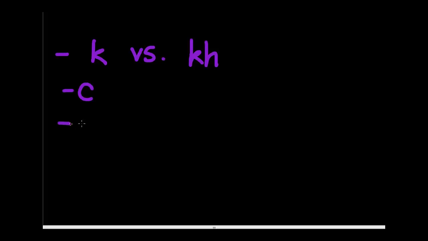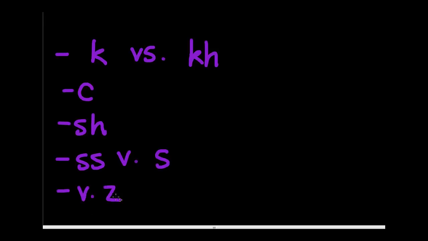And then we're going to talk about SH, SS versus just the S, and V and Z and how common they are in Russian, and a little bit of other little things like double letters in Russian. So let's just get started.